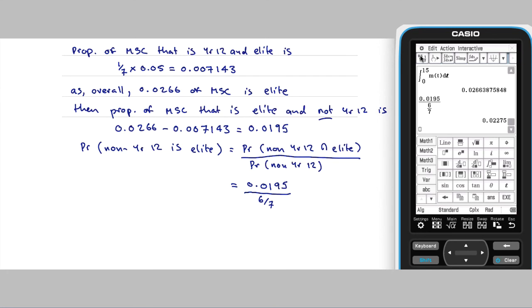And this is equal to 0.02275, which is equal to 0.0228 to 4 decimal places.